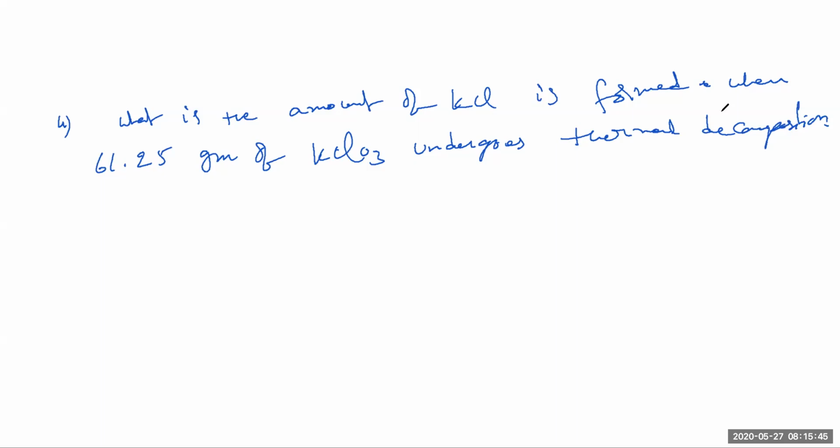Solve it now. The solution is the same, which means the reaction is the same. What is the reaction? The stoichiometric balanced equation is 2 KClO3 gives rise to 2 KCl plus 3 O2.